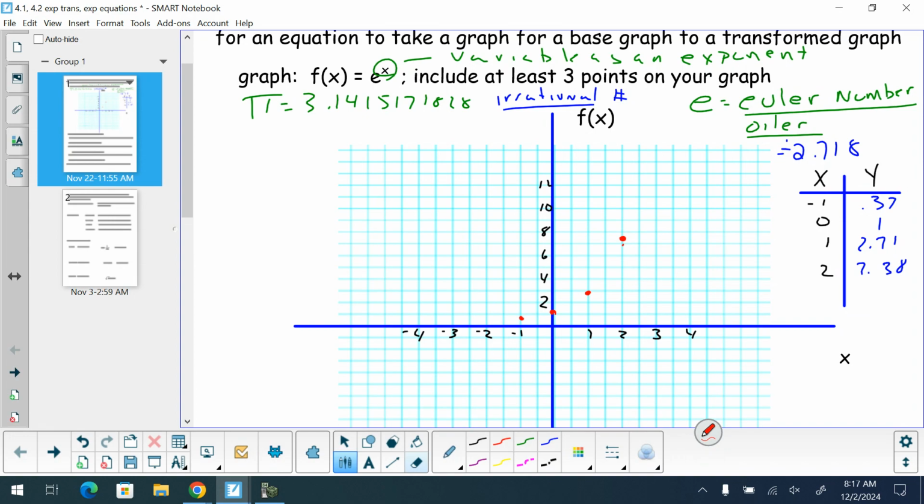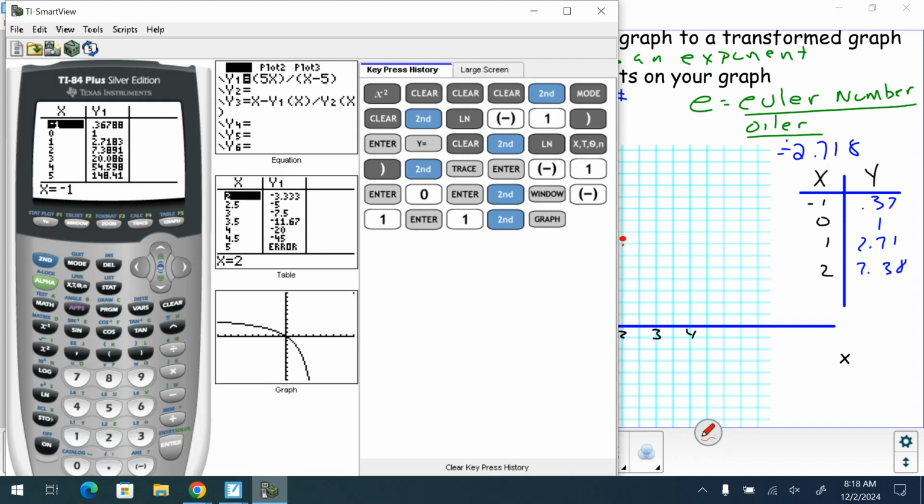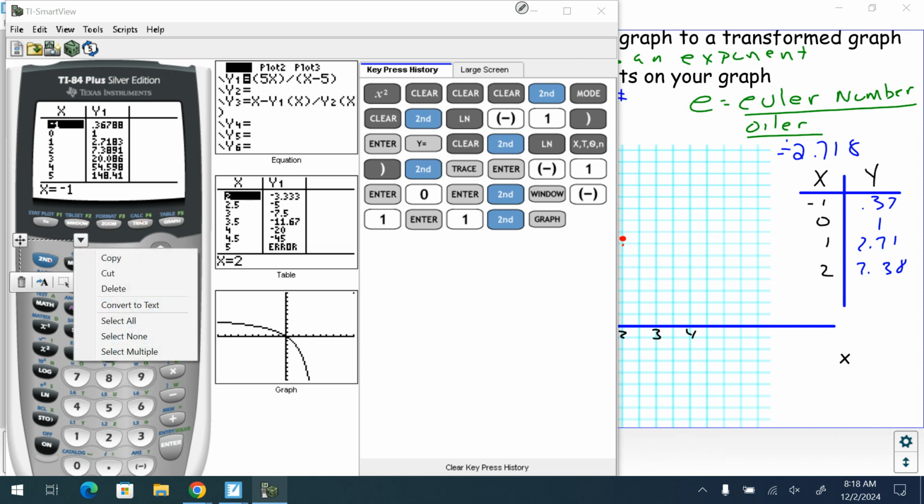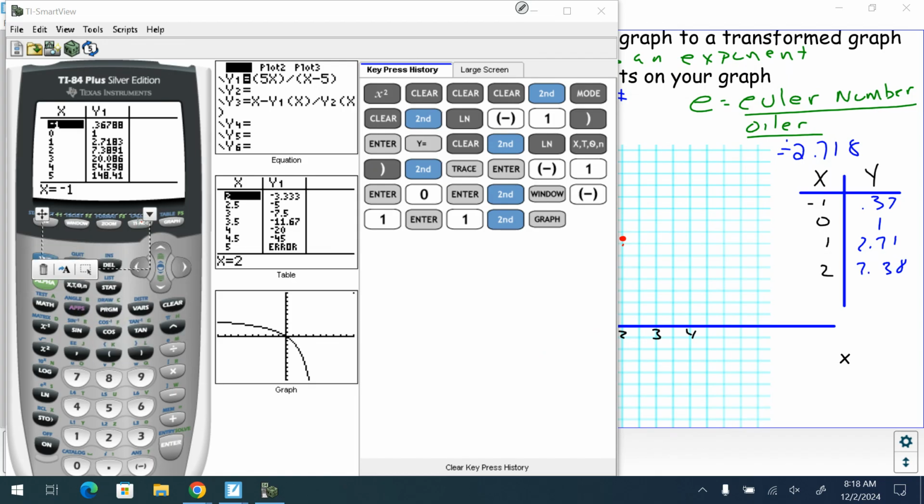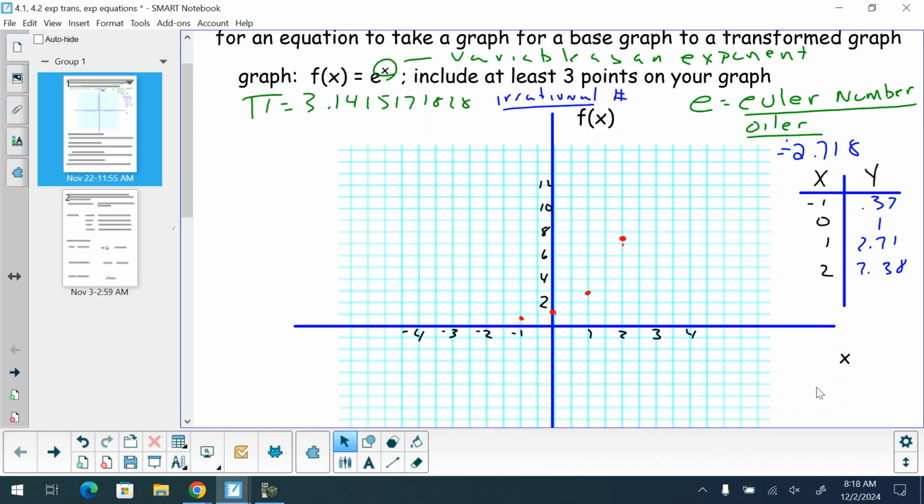And if you take a look at our picture of our graph, what we will come up with is our picture of our graph.